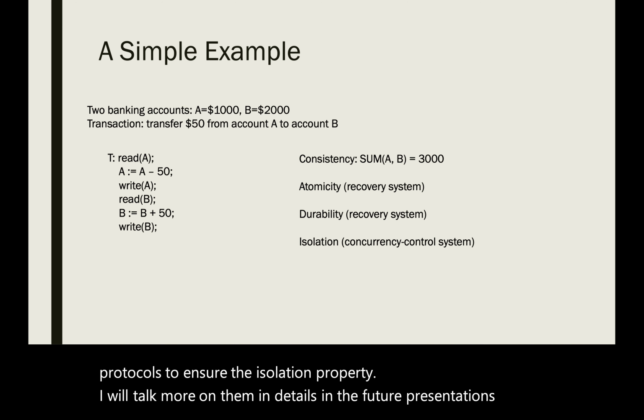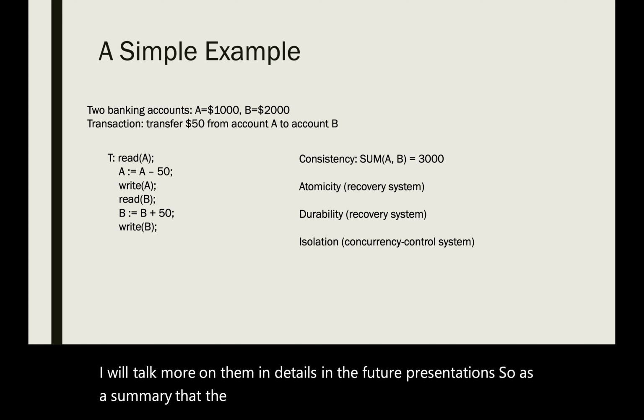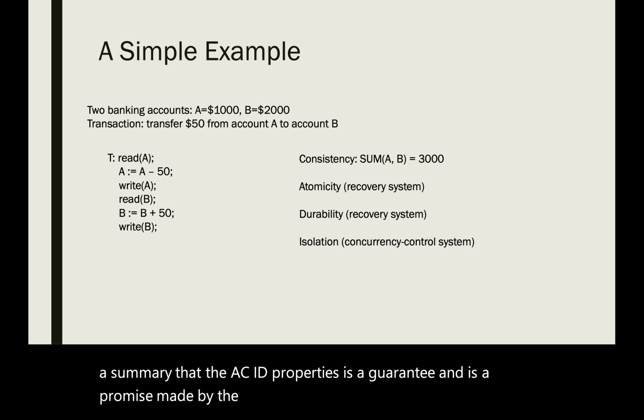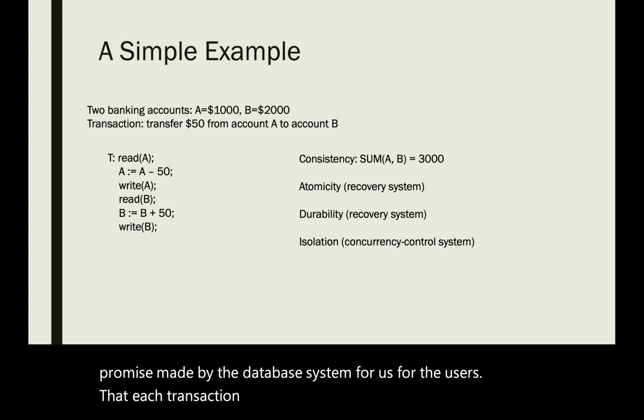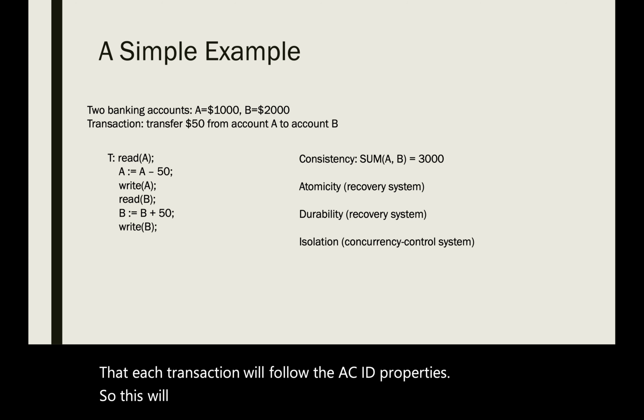So as a summary, the ACID properties are a guarantee and a promise made by the database system for us, the users, that each transaction will follow the ACID properties. This will save us much time in designing and implementing our applications.